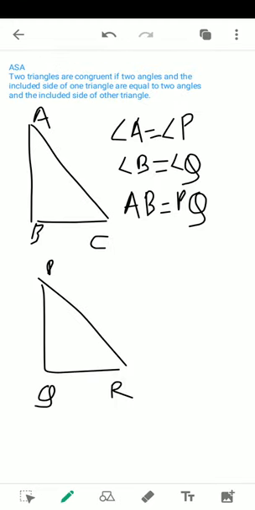This is known as ASA, that is angle side angle. Two triangles are congruent if 2 angles and the included side of one triangle are equal to 2 angles and the included side of the other triangle.